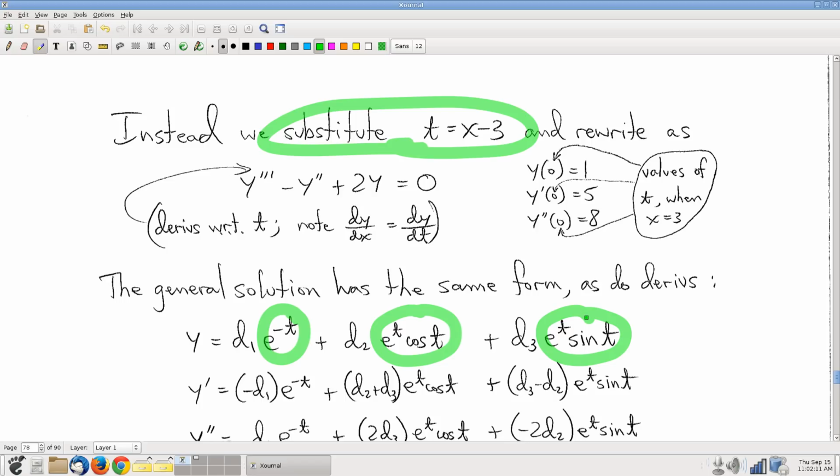Now again, they look similar, but they aren't. This is not e to the negative x. It's e to the negative t, which, once you plug back in, is e to the negative x plus 3. It's a different function. Likewise, plug in here, t is equal to x minus 3. That's a different function than what we were looking at on the previous page.